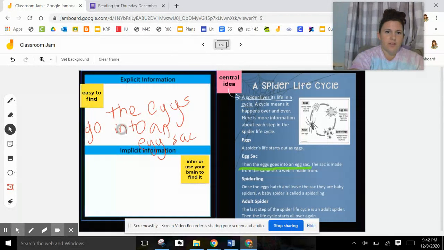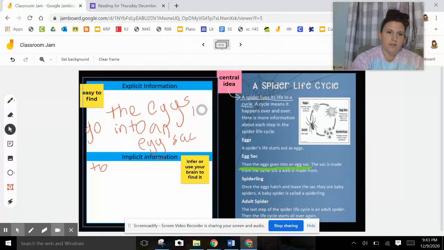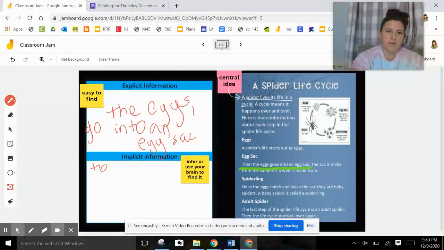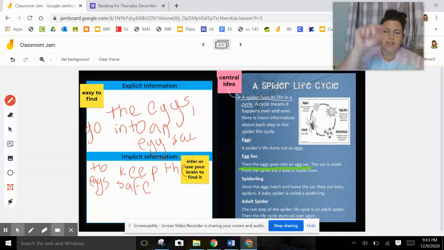Oh, didn't mean to do that. I'm thinking I need to move this down more. I'm thinking to keep the eggs safe, and I definitely just spelled eggs wrong, forgot a G. To keep the eggs safe will be a good one.